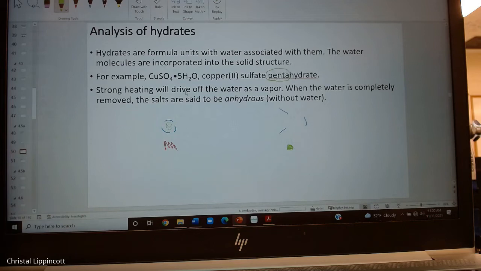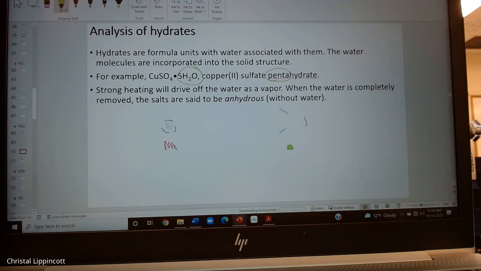So the stuff that you were working with yesterday was this stuff. There were 5 waters on there, and that's why you had to use that when you were doing your molar mass. You had to include that water in your calculations for the material that you had on your balance to figure out how many grams or how many moles you started with, because that water was on there and we didn't drive that off. We just mixed that together.